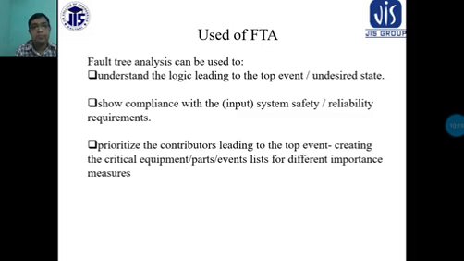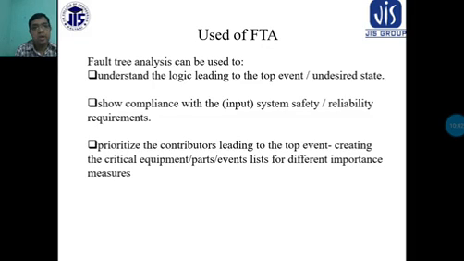And another thing: prioritizing the contributors leading to the top event and creating the critical equipment and parts event list, for which different importance measures will also be required during the use of fault tree analysis.